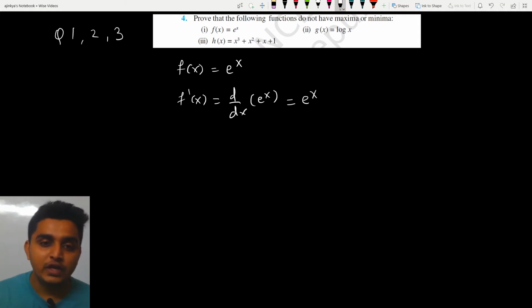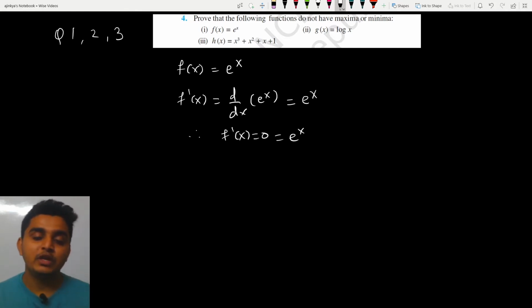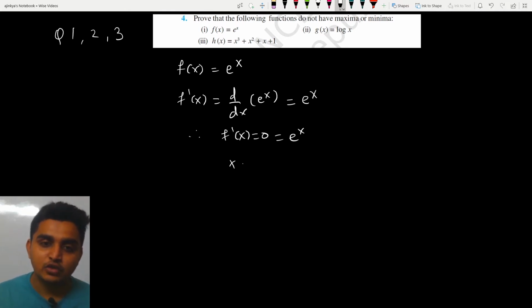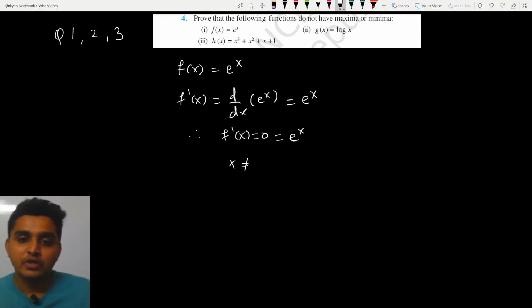Therefore, if we equate f dash of x to 0, then e raised to x should be equal to 0, and in no condition can we find any value of x that satisfies this. There is no x such that e raised to x is equal to 0. Why?